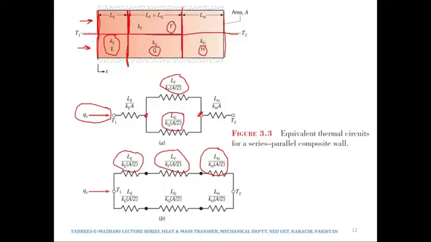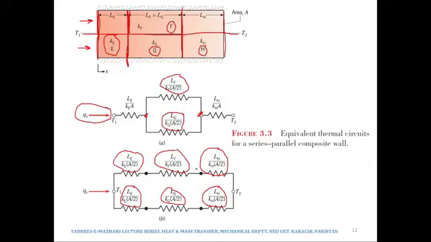No. A part of the heat would flow over here into E and then into G and then into H. But look at the areas, all are A by 2. So we can either make it in this way or in this way.